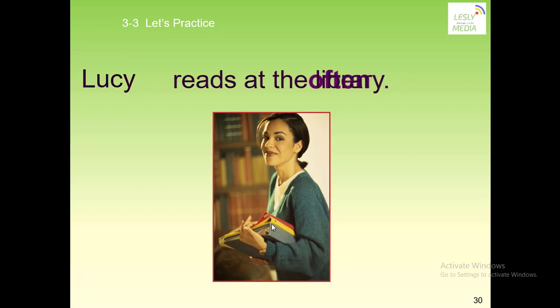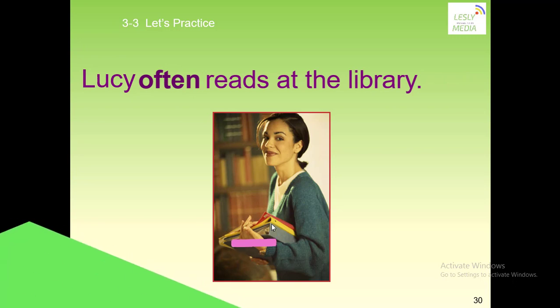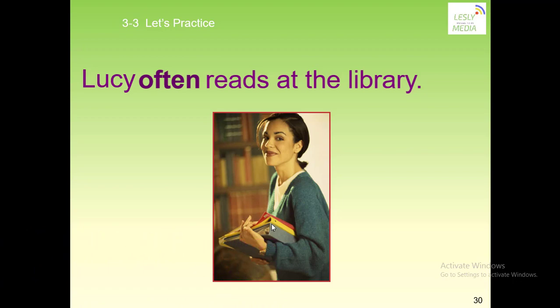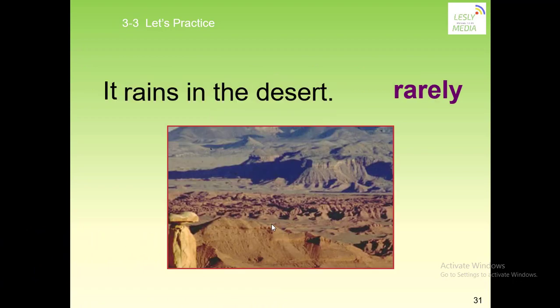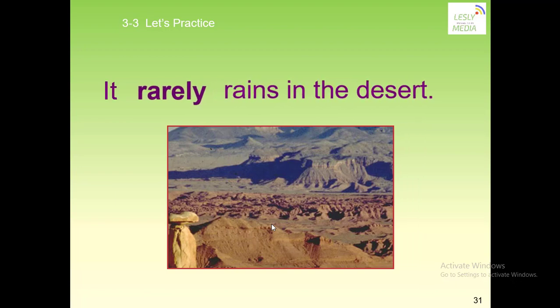Lucy often reads at the library. So the frequency adverb is in front of the verb of the simple present tense. How about this one? It rains in the desert. Rarely. Can you arrange it? It rarely rains in the desert.